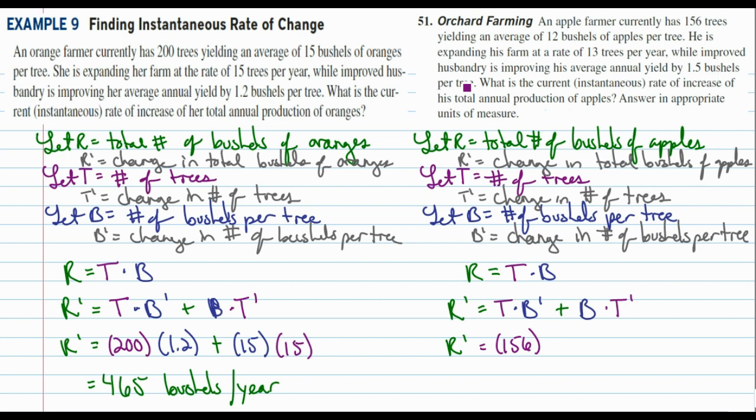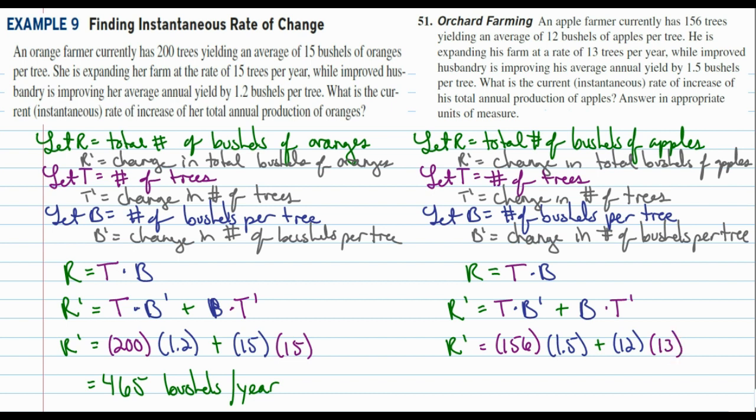Our bushels per tree are going to grow by 1.5 bushels for each tree next year. So 1.5 plus B, the total number of bushels per tree right now is 12. And then the change in trees, next year we're going to expect 13 trees, so we are growing at a rate of 13 trees per year. So I'm going to put that in for T prime.